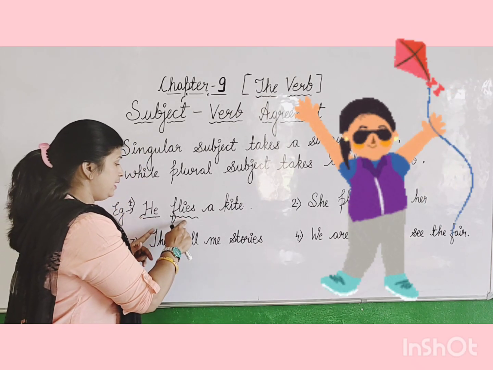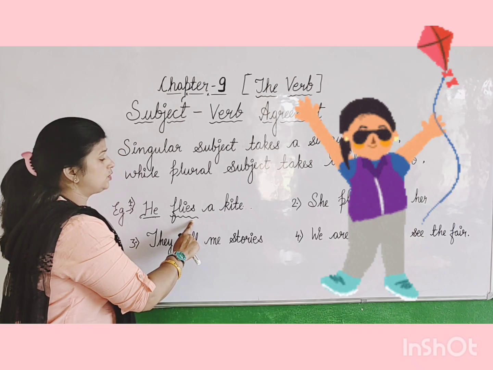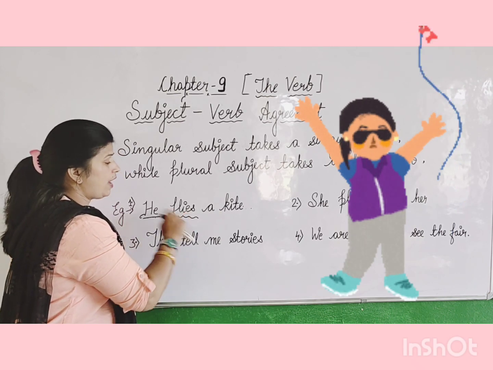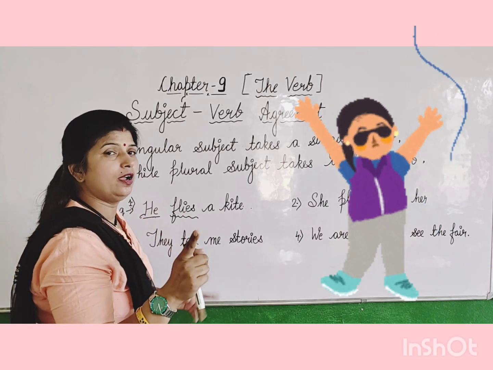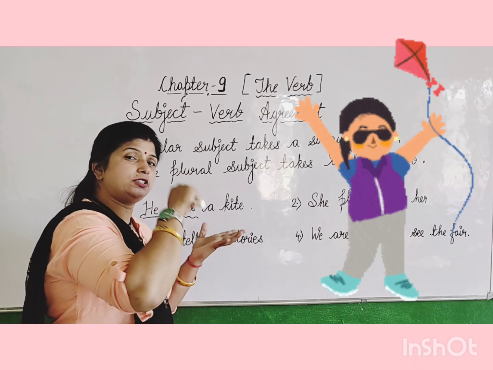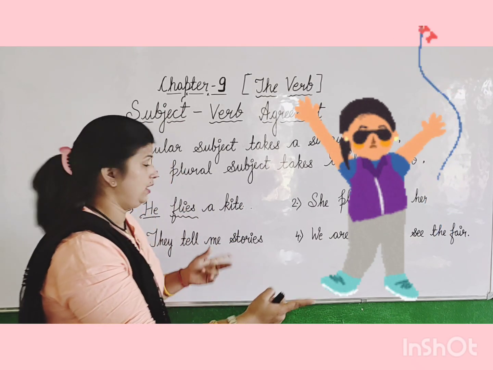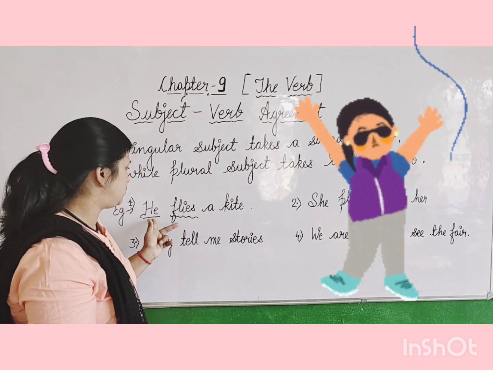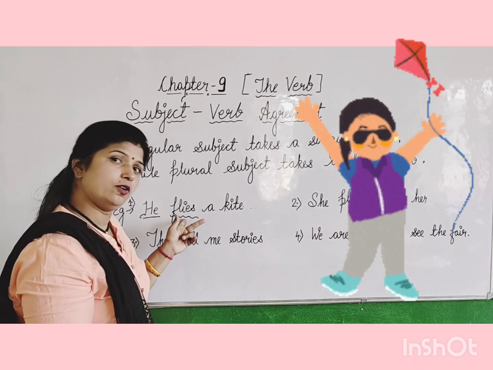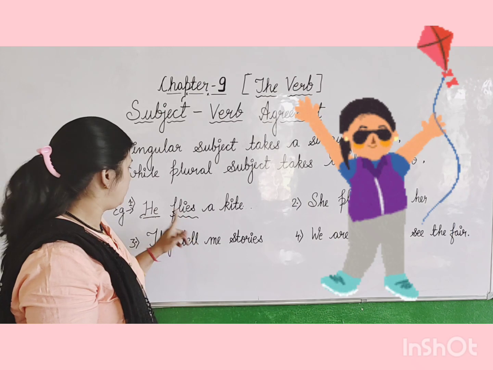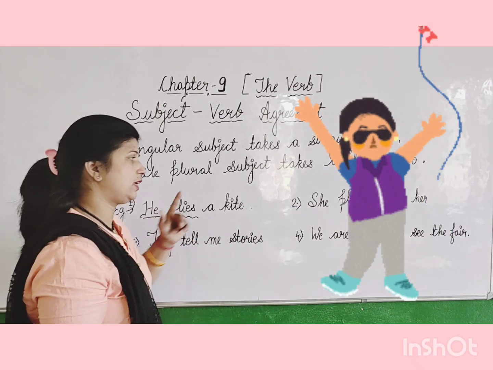And here the verb which is used, flies, is also singular. So what we have learned is that for a singular subject we will use a singular verb. So here he flies: it is singular and he is also singular.